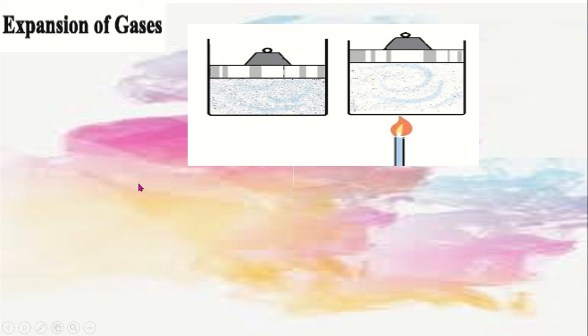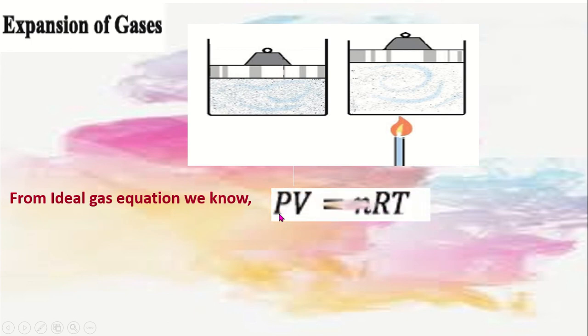For calculating it, we need to know the ideal gas equation. This equation is the relation between pressure, volume and temperature. This equation is called the ideal gas equation: PV equal to nRT, where P is the pressure, V is the volume, n is the amount of gas that is measured in mole, amount of substance.